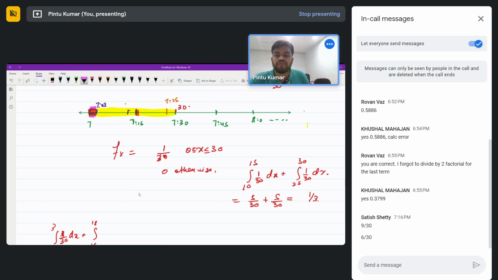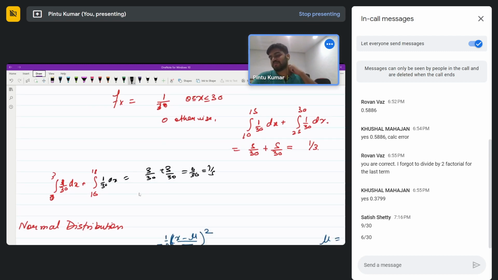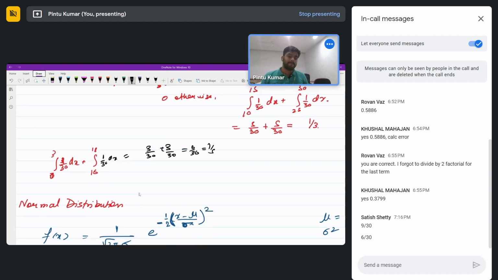So from here he should have waited 3 minutes, right? So this is 7:18. So from 15 to 18, 1 by 30 dx. This is nothing but 3 by 30 plus 2 by 30. This is 6 by 30 or 1 by 5. So this is something that was about uniform distribution. Any doubt till now?